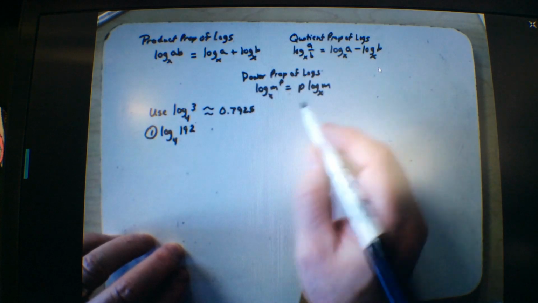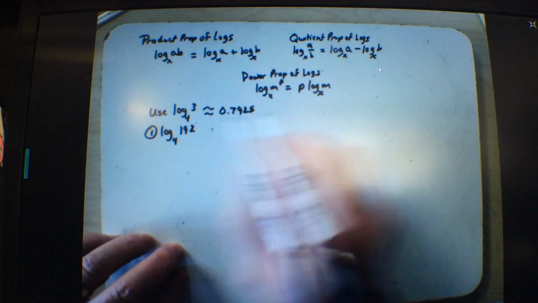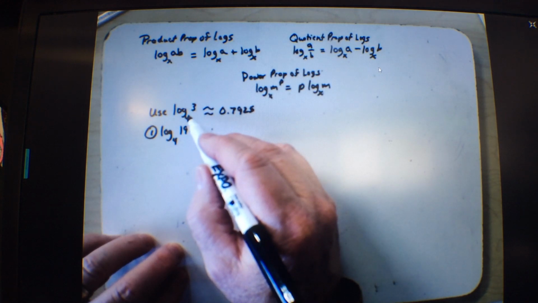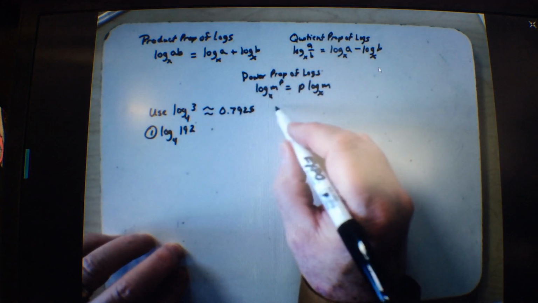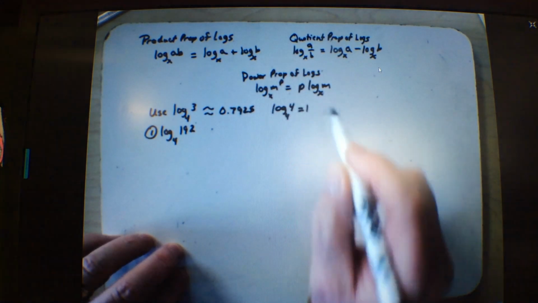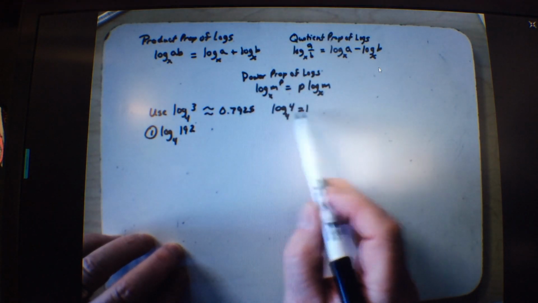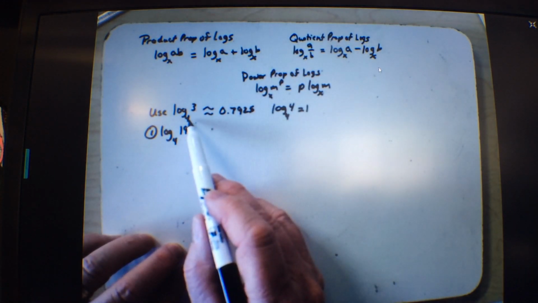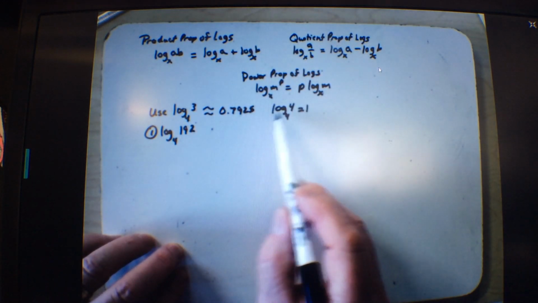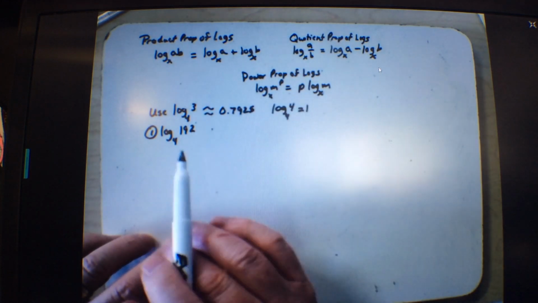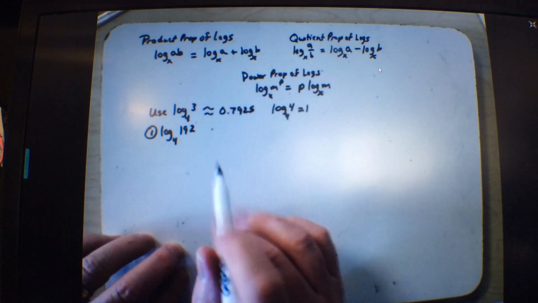One thing I want to tell you, whenever you have a log to a base, in this case base 4, we also know that the log of 4 base 4 equals 1, because the base is 4. So if this base went to 5, I would know the log of 5 base 5 is 1. You see what I'm saying? So whatever base we are, we do know that one also.